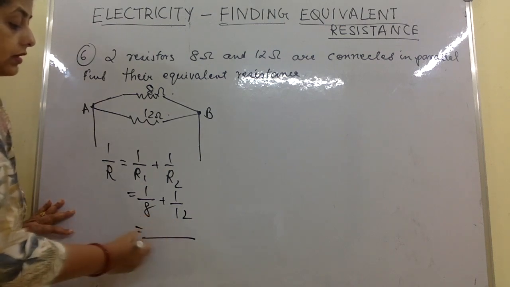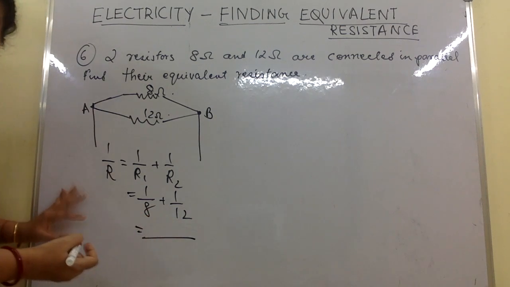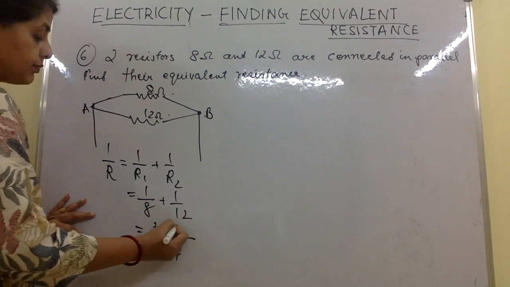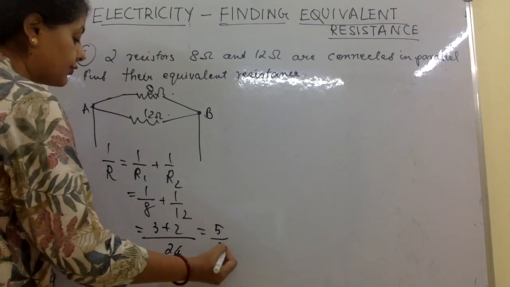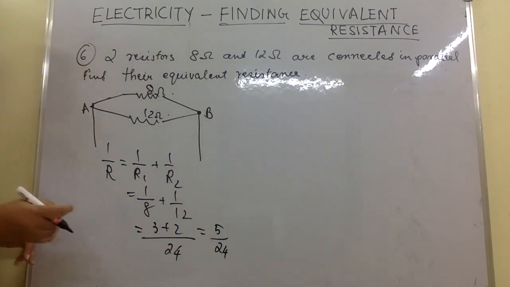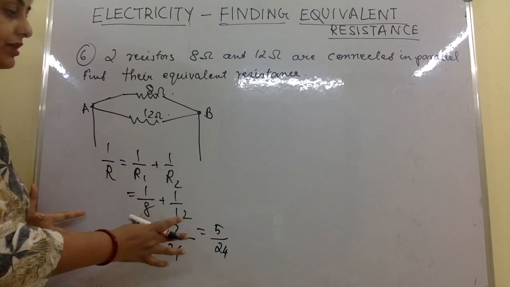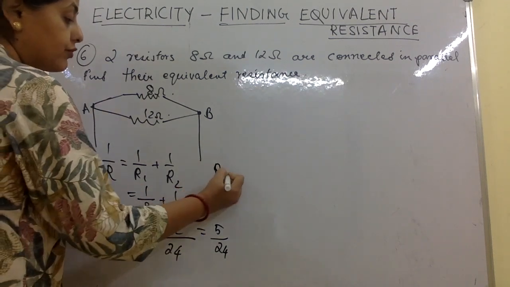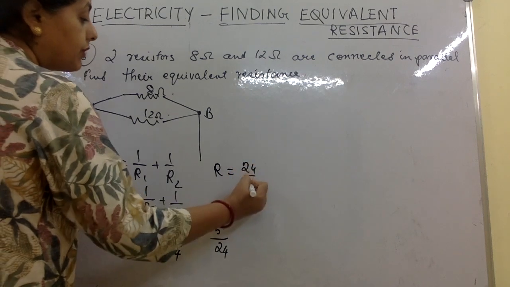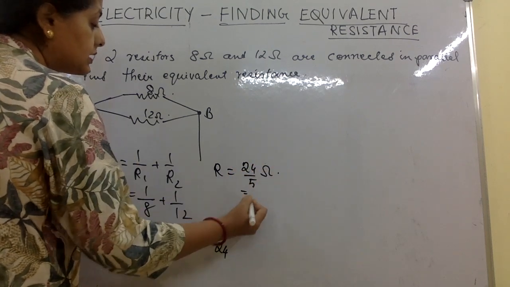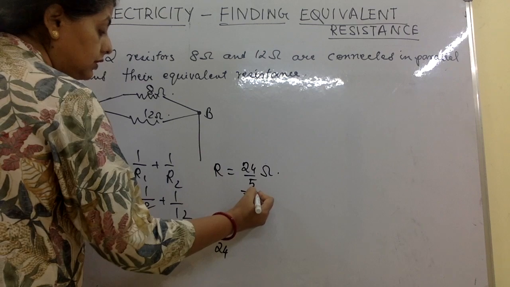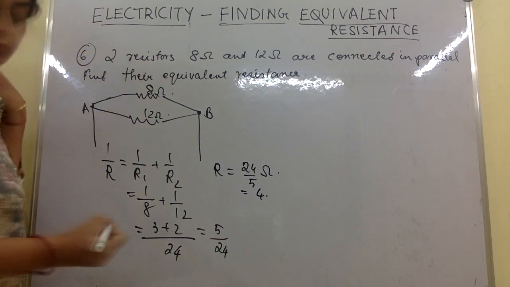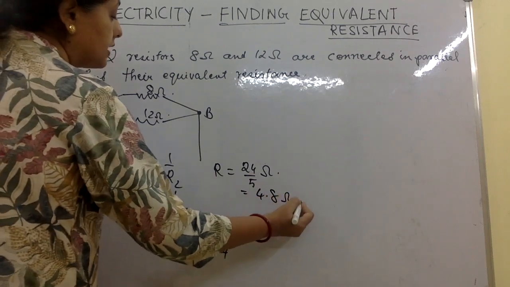The LCM of this will be 24, this is 3 plus 2, 5 by 24. Now many people make the mistake of saying R is 5 by 24. R is not 5 by 24, 1 by R is 5 by 24, so R is 24 by 5 ohms, which is 4.8 ohms.